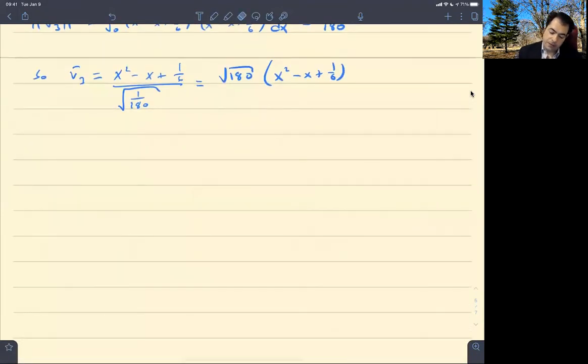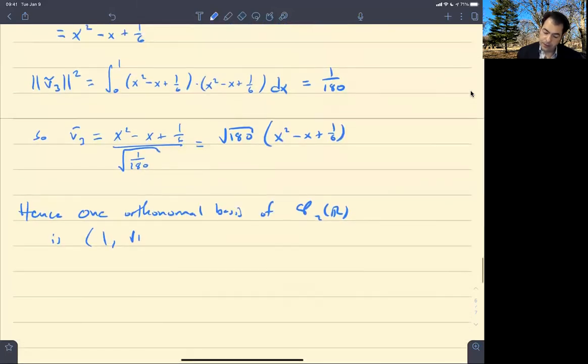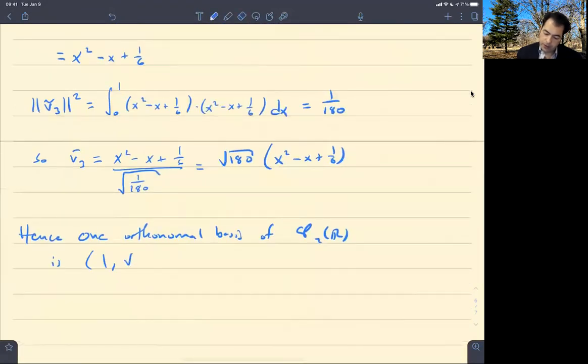Hence, one orthonormal basis of the polynomials of degree at most 2 with real coefficients with this inner product is 1, then the square root of 3 times 2x minus 1, and then the square root of 180 times x squared minus x plus 1/6.